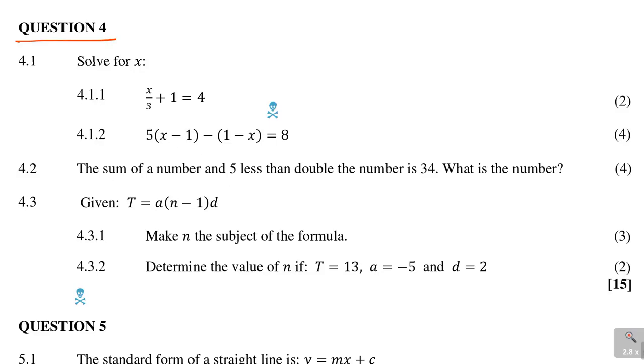There is another solving for x. You are given that part and we're supposed to solve for x, 4.1.2. What do you do? Take the 5 to distribute it, enter inside there. Now it says minus. If you see the negative, it simply means if there is a bracket, it means interchange what is inside. So 5x here, 5 times 1 times -1 is -5.